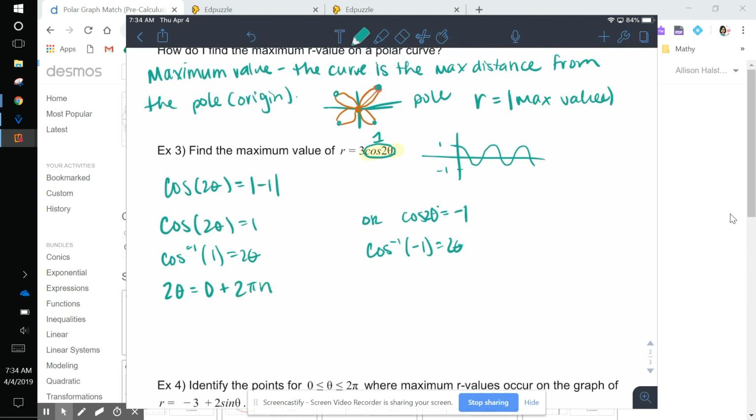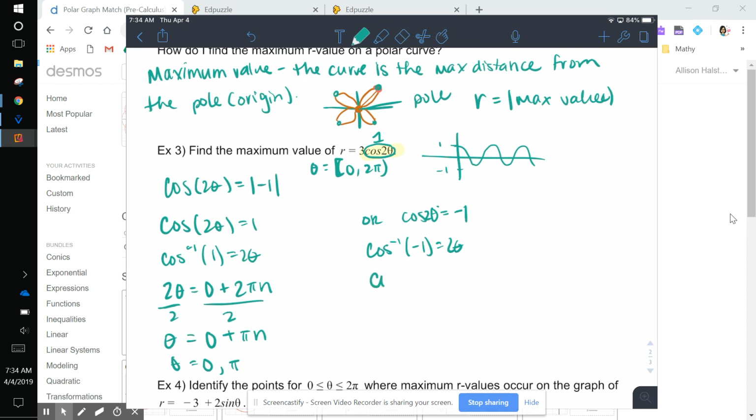Then divide by 2, so theta is equal to 0 plus pi n. On the interval from 0 to 2 pi, thetas are equal to 0 and pi, and then 2 pi, but 2 pi is out of our range.